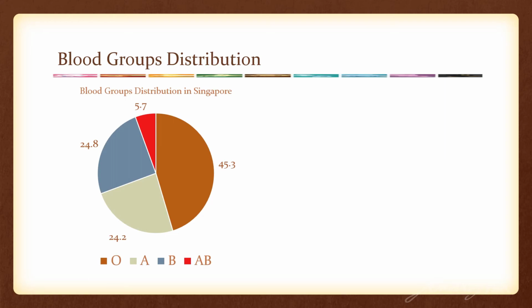So the most common blood group, as you can see, is the one in orange or dark orange or brown. It is actually blood group O. Is this unique to Singapore? Let us look at the distribution around the world.